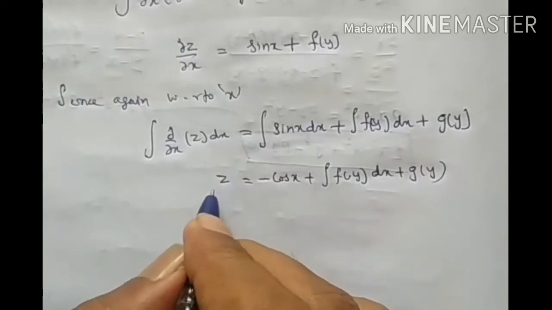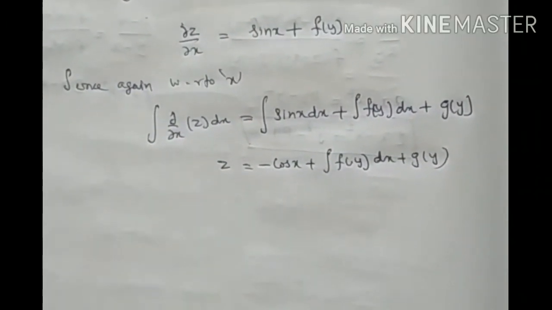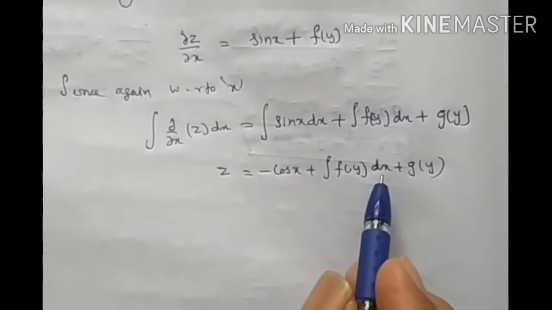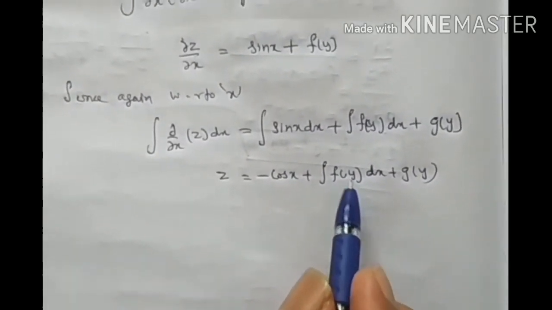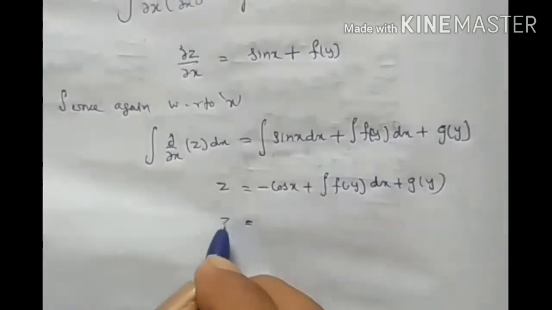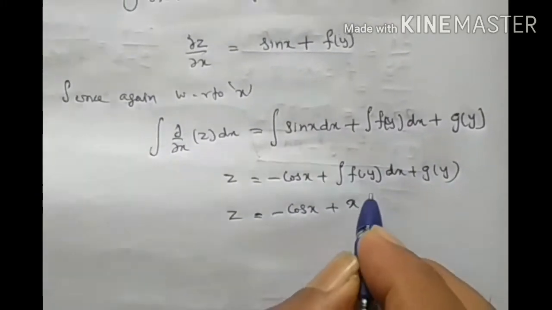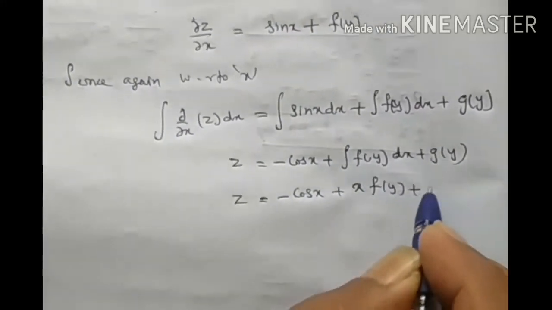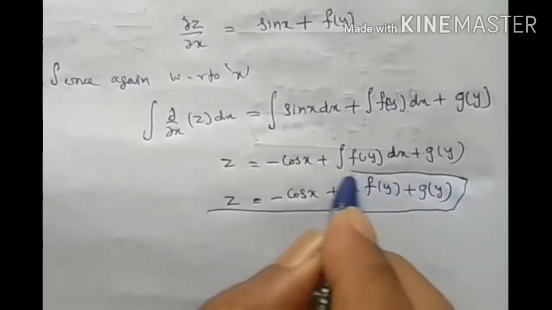So z can be written as minus cos x plus the integral of f(y) dx. Since f(y) is constant, integrating with respect to x we can write it as minus cos x plus x f(y) plus g(y) is the answer.